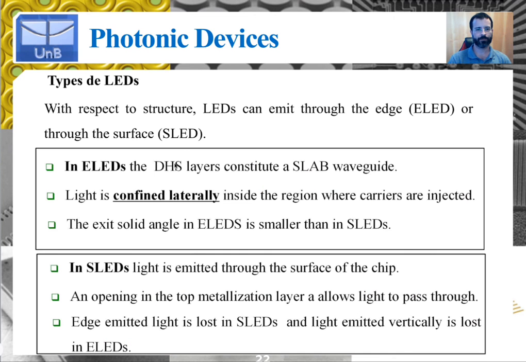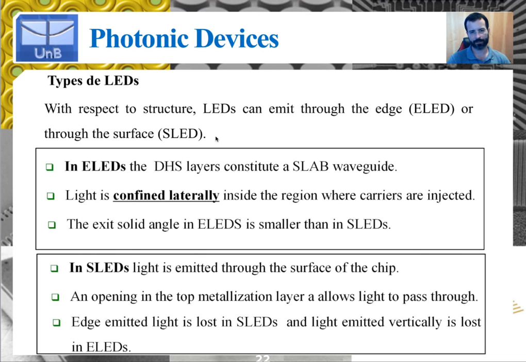Finally, we should distinguish between the two most common types of LEDs that exist. With respect to structure, LEDs can be classified into edge emitting LEDs, or ELEDs, and surface emitting LEDs, or SLEDs.